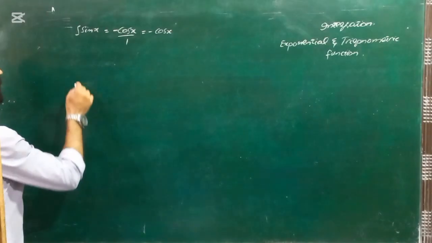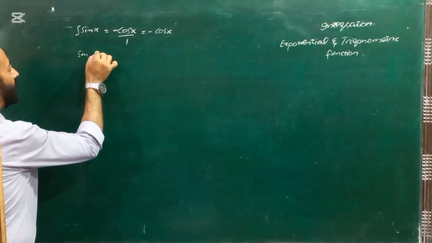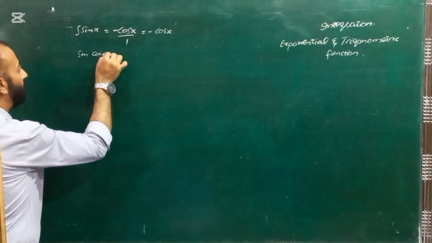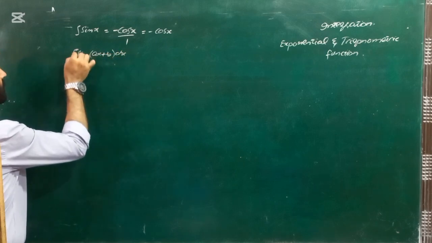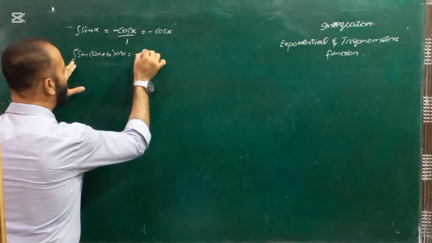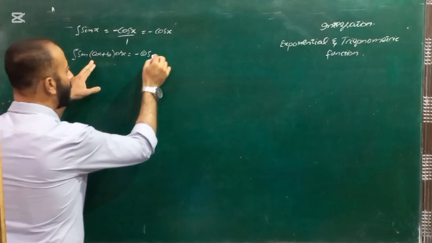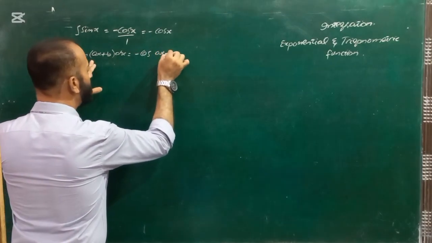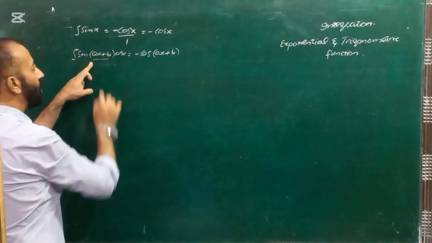At the same time, look now, I'm changing the angle: sin(ax + b) dx. Because sin's integral is minus cos, first the angle will be put as it is, that is ax + b. Then we will take the differential of the angle.